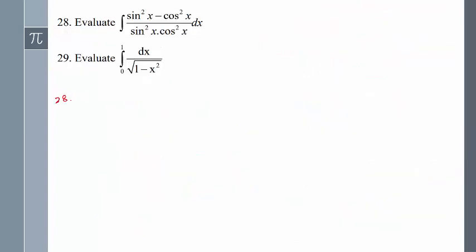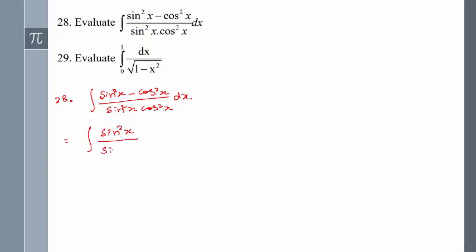So I will go for problem number 28, that is the integration of sin square x minus cos square x divided by sin square x into cos square x with respect to dx. So here you can just see, I can write it as sin square x divided by sin square x into cos square x dx minus cos square x divided by sin square x into cos square x with respect to dx.